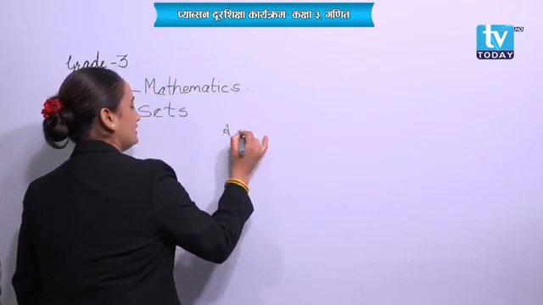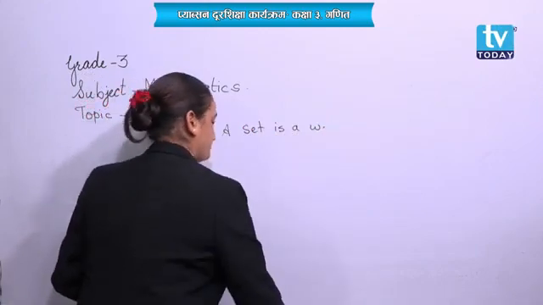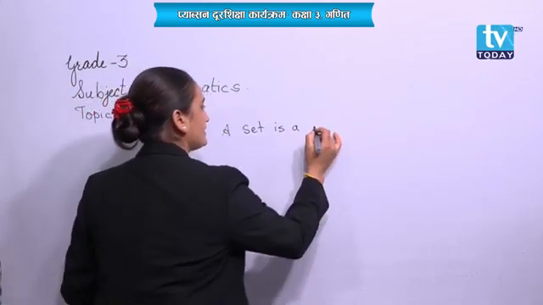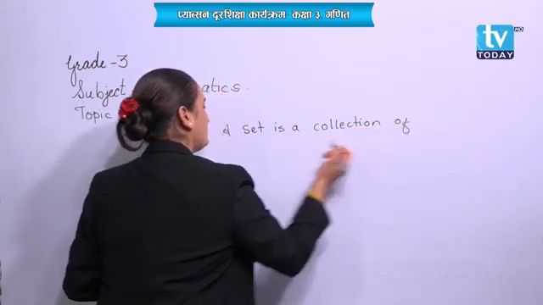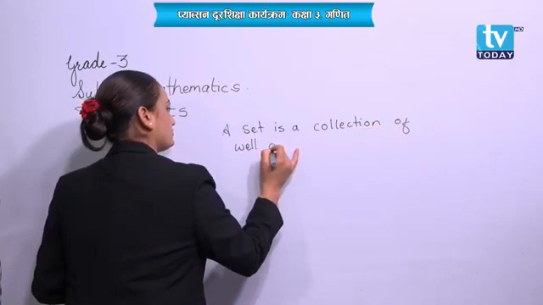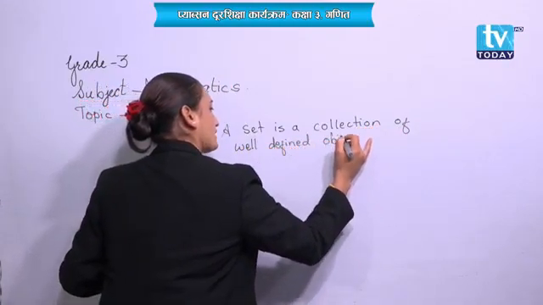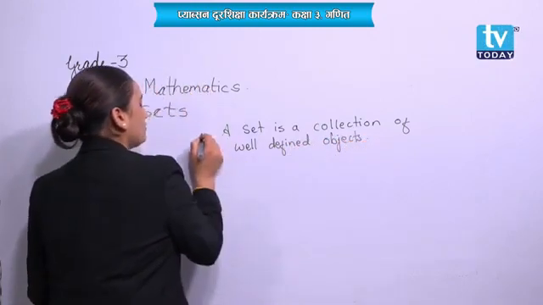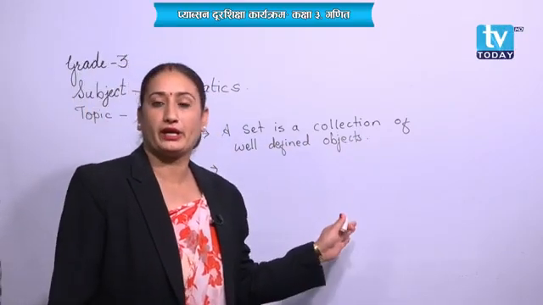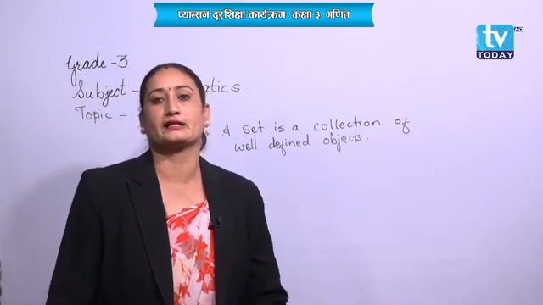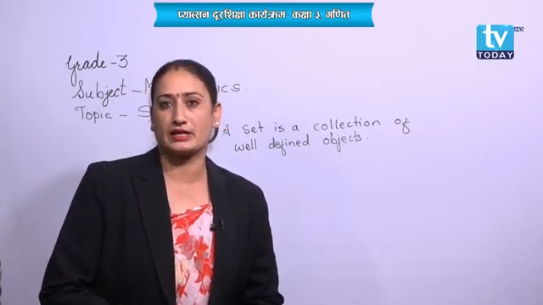A set is a collection of well-defined objects. From this picture, as I have already said, there is a pen, a pencil and a book. They are stationery objects.